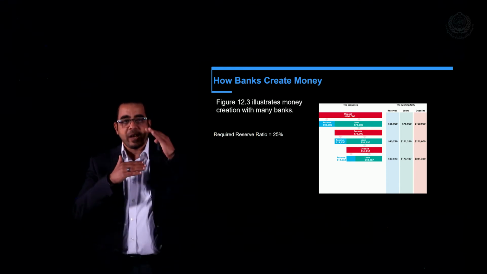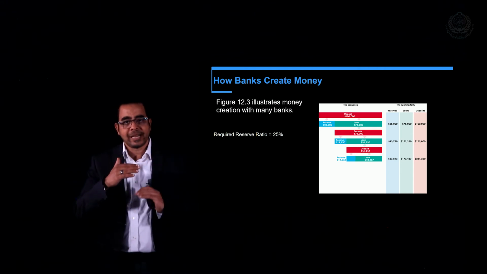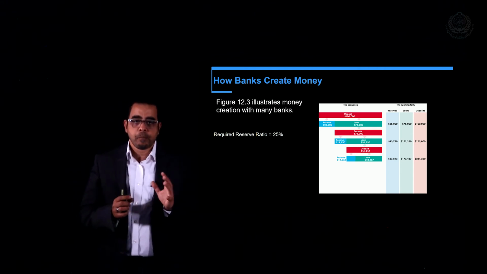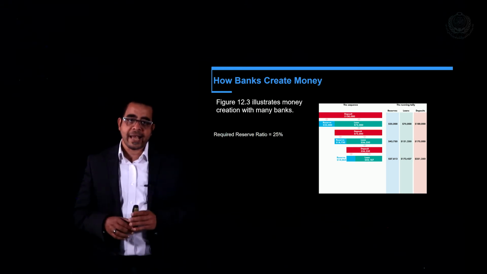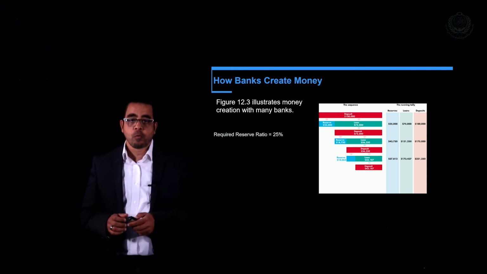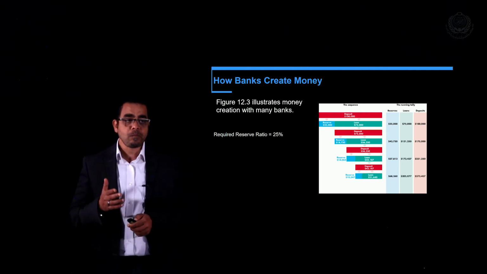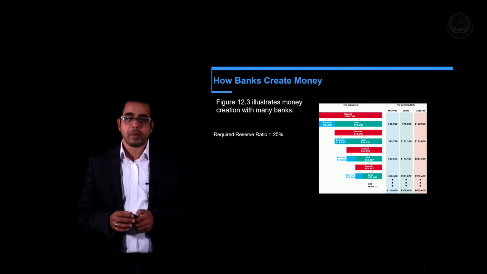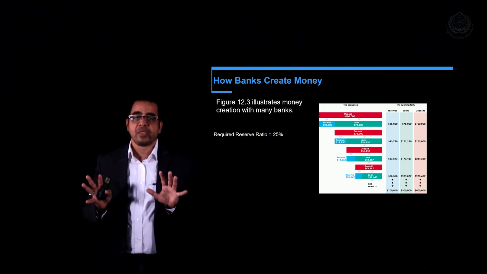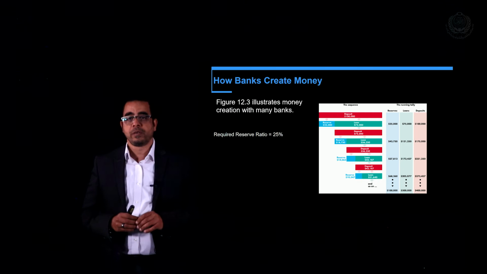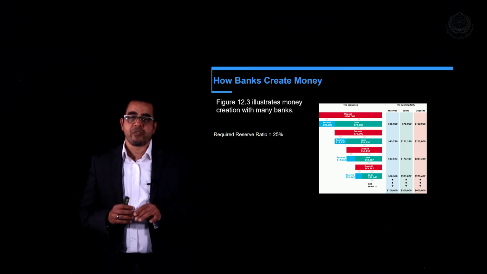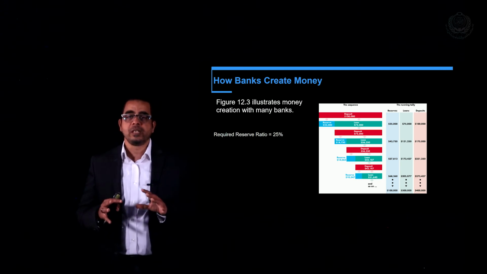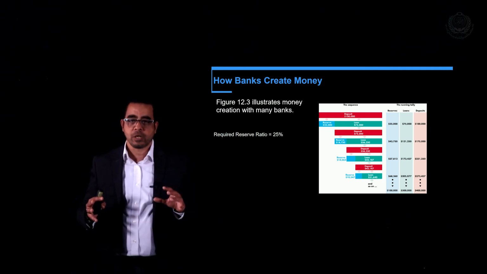As you can see, the value of the loan keeps going down as we put aside part of each new deposit in the shape of cash. By the end of this round, we can see that the $100,000 deposit has turned into $400,000 of deposits. What happened here is money creation, or what we call deposit multiplication.